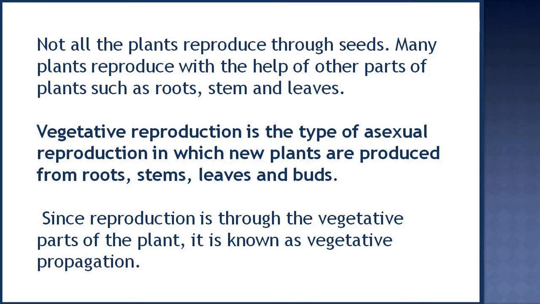Children, you have learned that in the first type of reproduction, sexual reproduction, the reproductive organ, the flower, was important. In the same way, in this type of reproduction the plant produces a new plant through the vegetative part of the plant, which is root, stem and leaves. So this type of reproduction is also known as vegetative propagation.